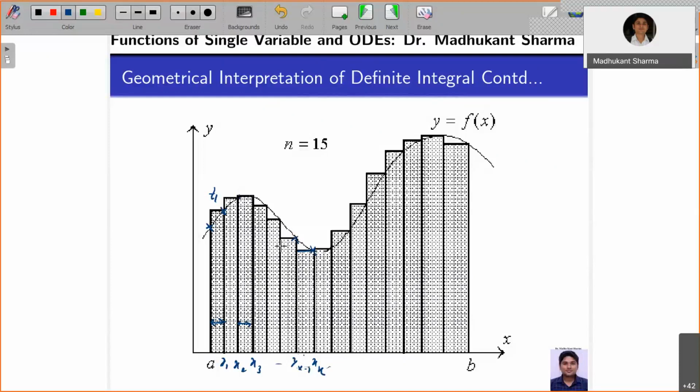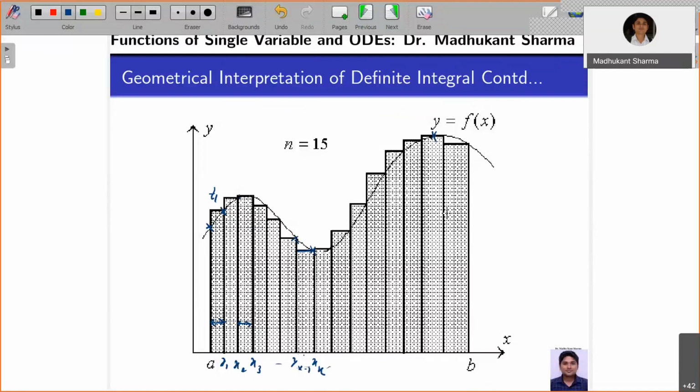Okay, sir. So when we have to create a rectangle, that point is a tag point. Yes. Means for that particular rectangle, which one is the height, at which point you are getting the height. Suppose, if you look at this rectangle here, this will be the tag point here.